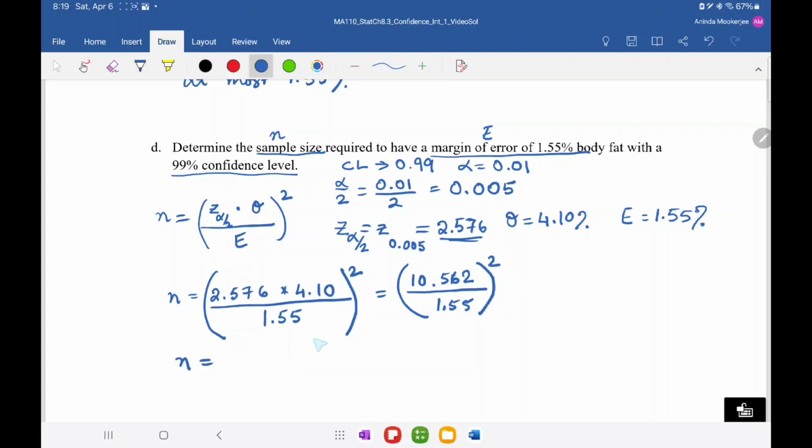So this fraction amounts to 6.814, and then of course don't forget to square, and when we do that we'll come up with approximately 46.43. Now because sample size has to be an integer value, we cannot have a fraction in a sample size. Just round it up to the nearest integer. So let's use 47. So the answer for this is 47.